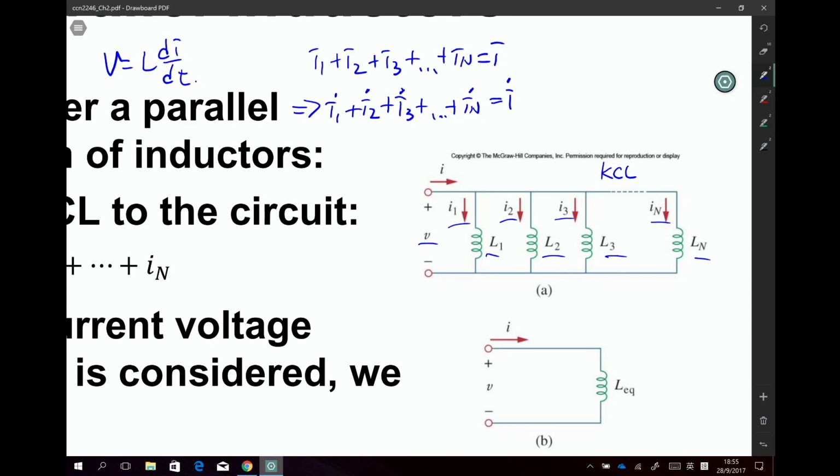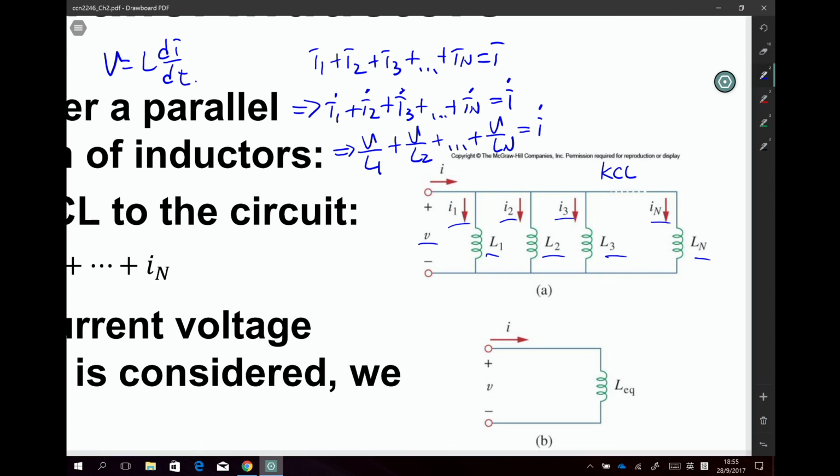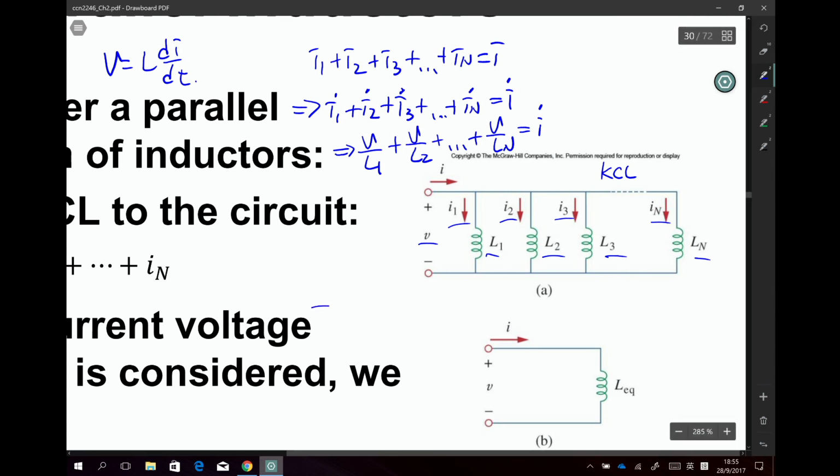But now you can replace the IV characteristic, so I1 dot becomes V over L1 plus V over L2 plus ... up to V over Ln, equal to I dot. You have the common factor V, so you take it out: V times (1 over L1 plus 1 over L2 plus ... 1 over Ln) equal to I dot.